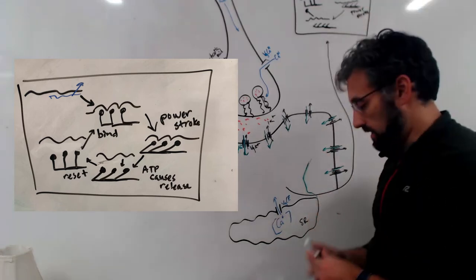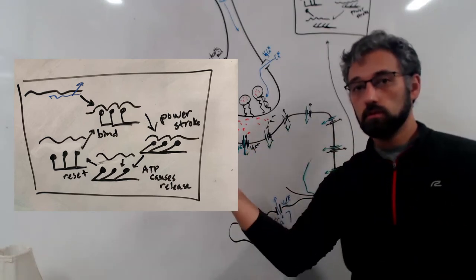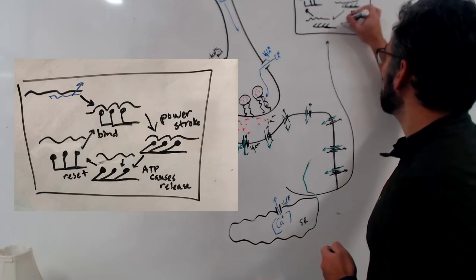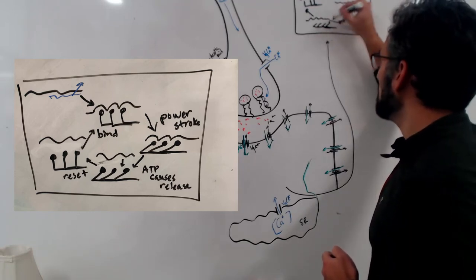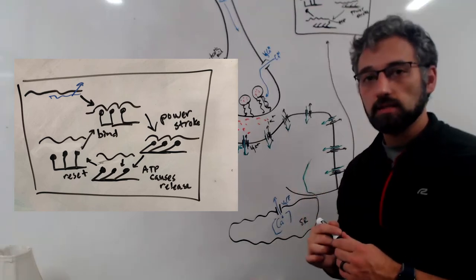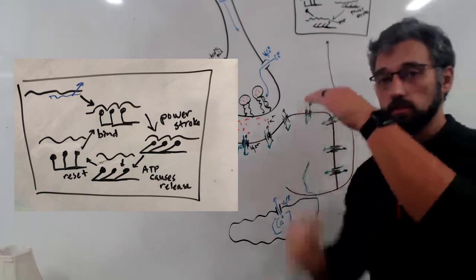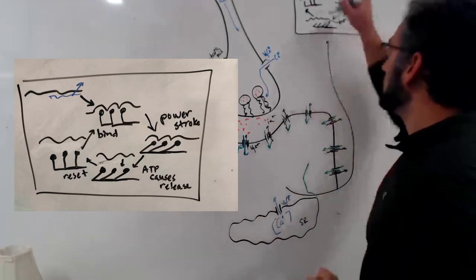After they bind, there is what is called the power stroke, and it moves. Then an ATP binds to the myosin heads, causing them to release. And then it resets.